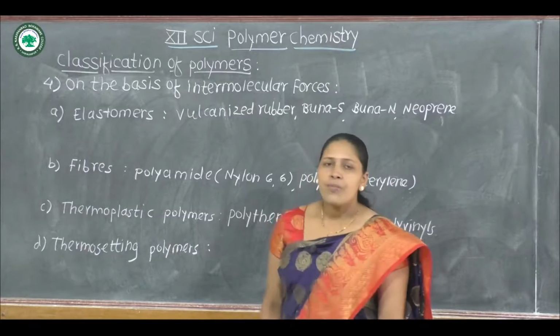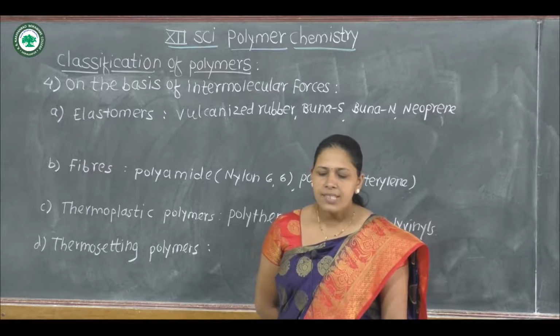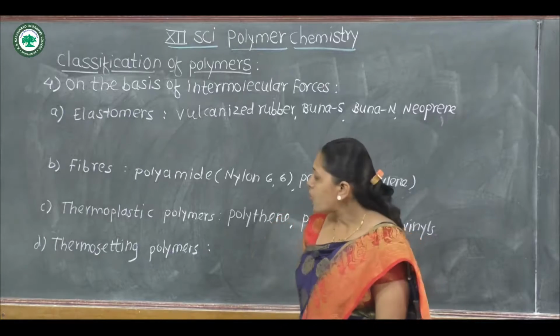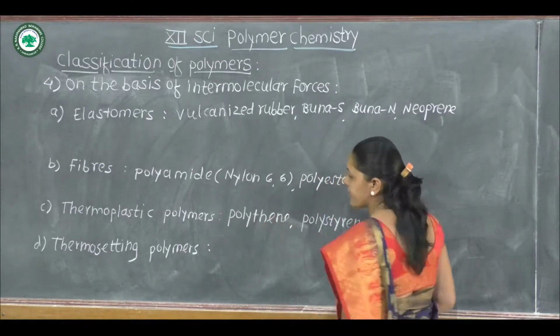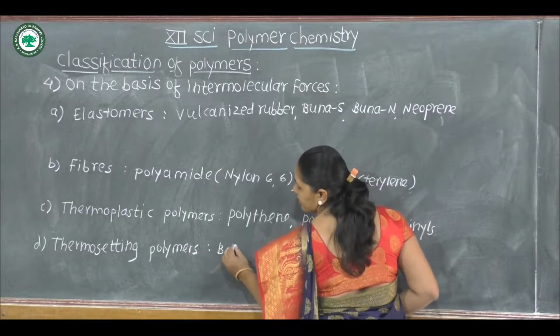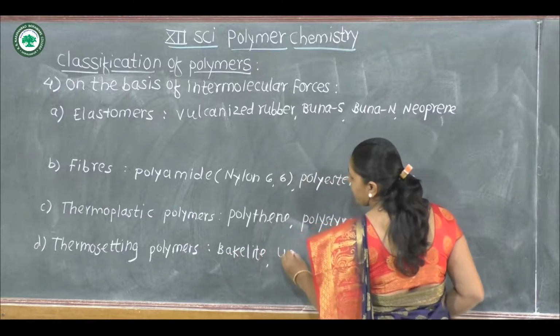Therefore, thermosetting polymers cannot be remolded. Examples of thermosetting polymers are bakelite, urea formaldehyde resin.